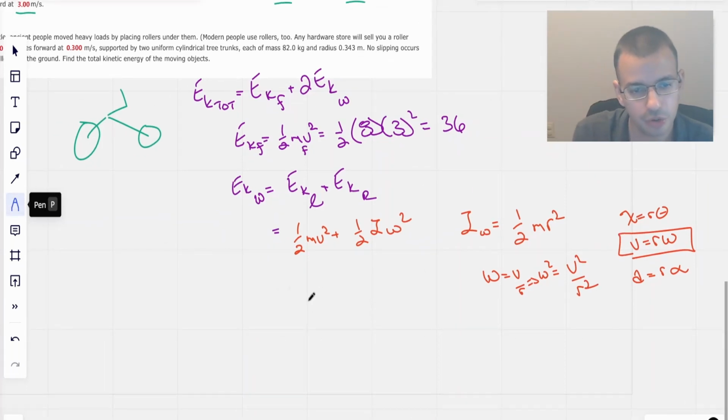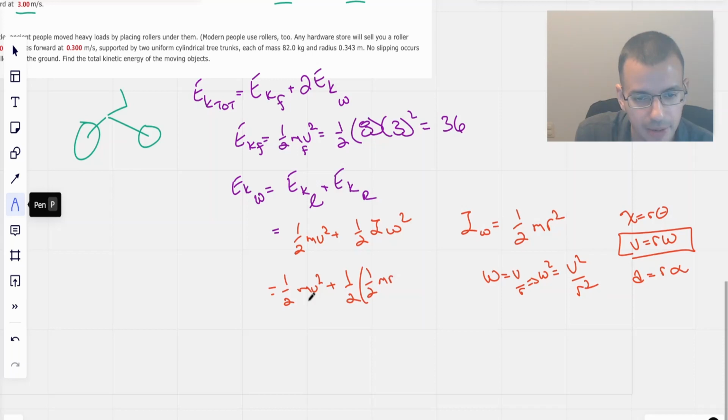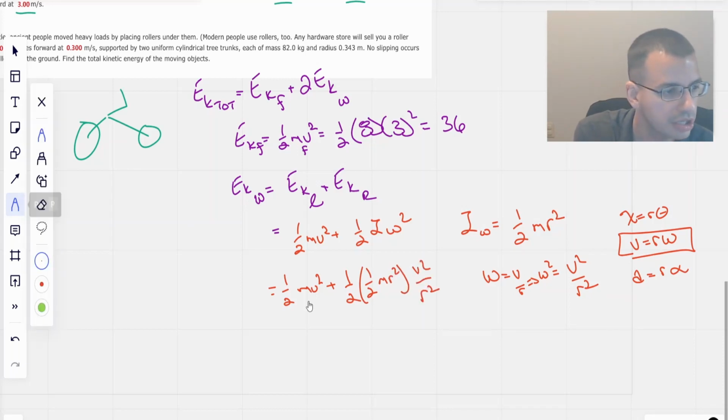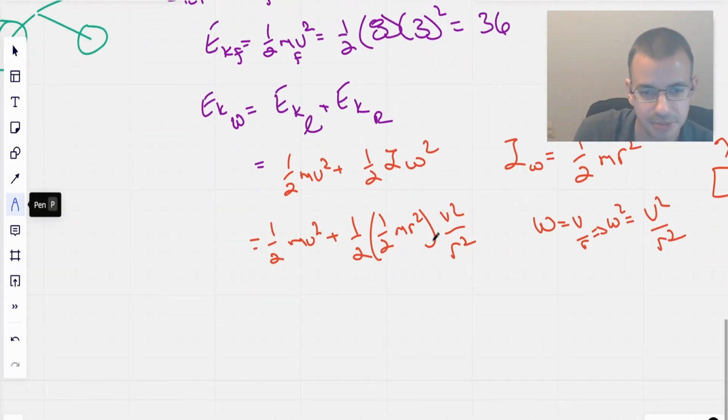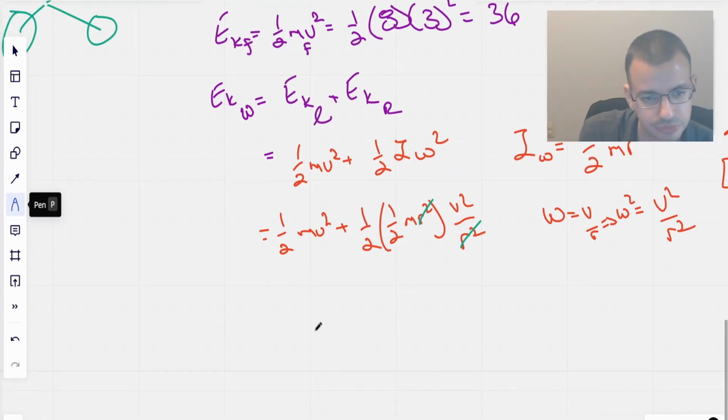And so then we're going to rewrite this as 1/2 mv squared plus 1/2 times 1/2 mr squared times v squared over r squared. Lots of math, but the concept's not too bad. The r squareds cancel, and we're left with 1/2 mv squared plus 1/2 times 1/2 mv squared.